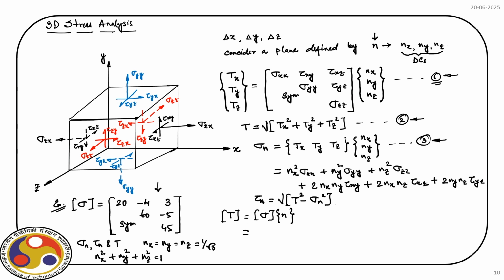and find out this matrix multiplication, what you will get, the components are 10.97, then 29.44 and then 24.83. Okay.